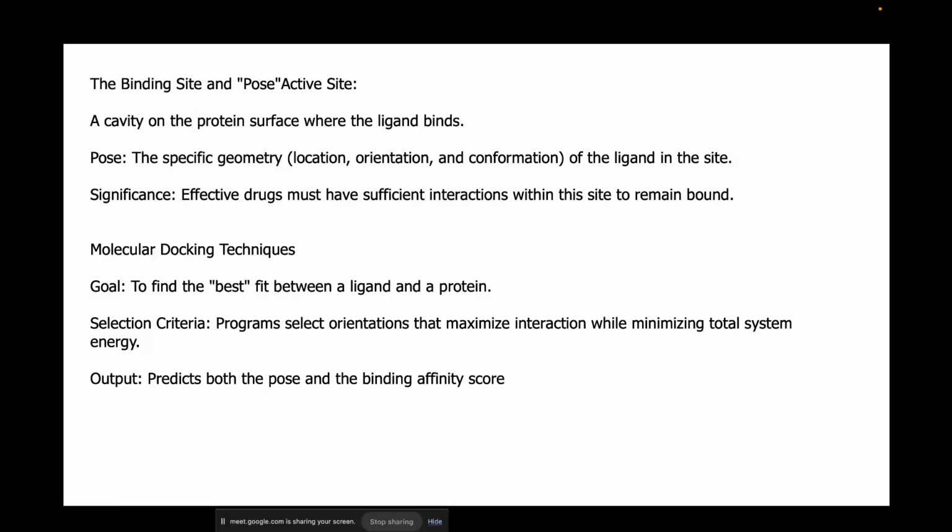Say for example, you will have hundreds of drug target possibilities, and you can use molecular docking simulation techniques to find the best fit between your ligand and the protein. There are programs which select orientations that maximize interactions while minimizing total system energy, and it will predict both the pose and the binding affinity scores. So these are mostly computational methods.